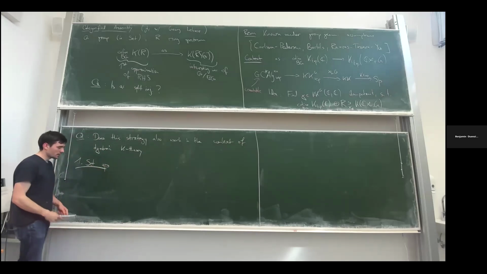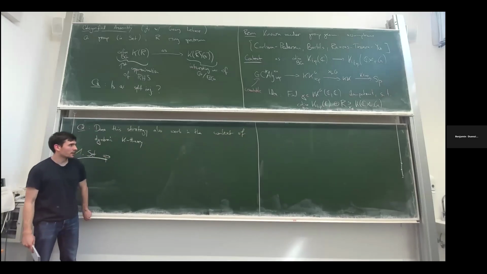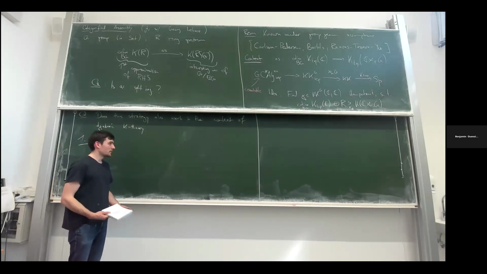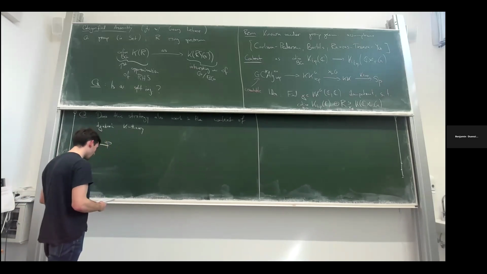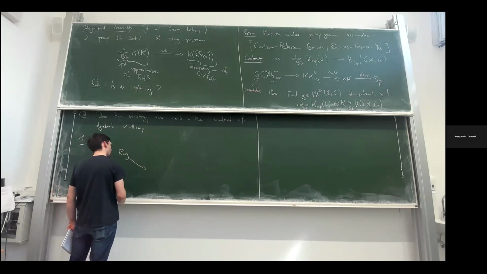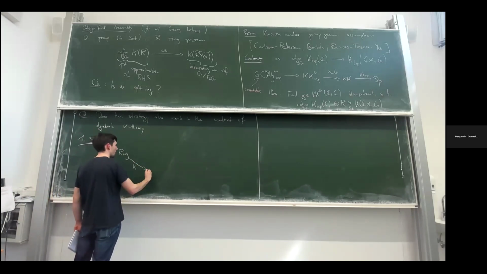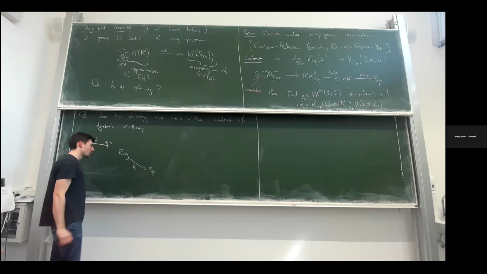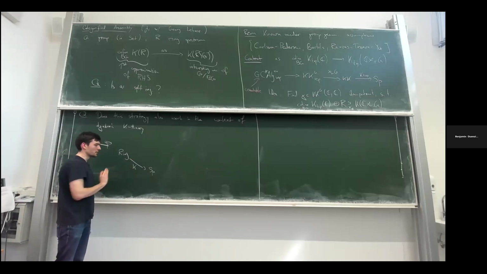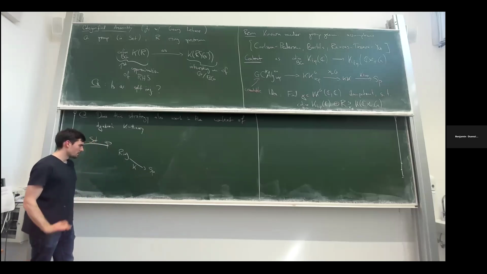So let me next talk a little bit about the setup of algebraic K theory I want to use for this. So more or less most classically, algebraic K theory is an invariant for unital rings. So here algebraic K theory is always going to be a non-connective K theory.